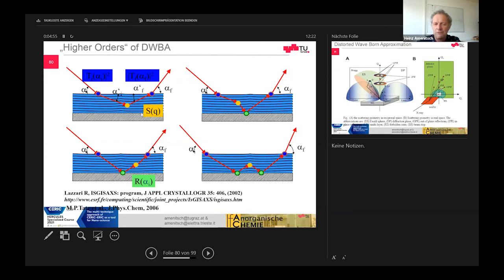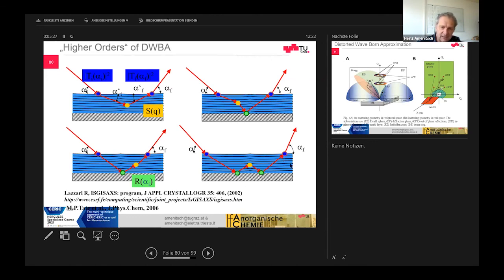But if you go very close to the total reflection angle, we have to add different effects to the total reflection from the substrate. And you can have the total reflection from the incoming beam, you can have the total reflection from the scattered beam, and you could have the total reflection from the incoming beam and the scattered beam.